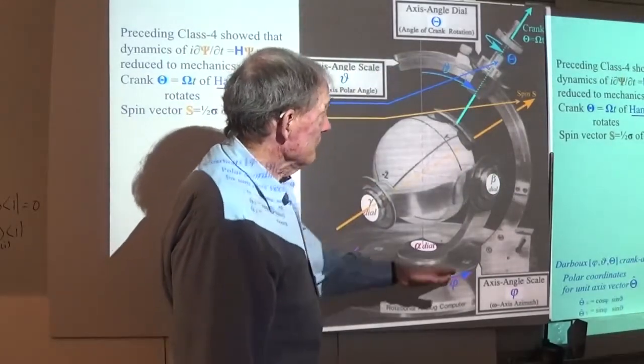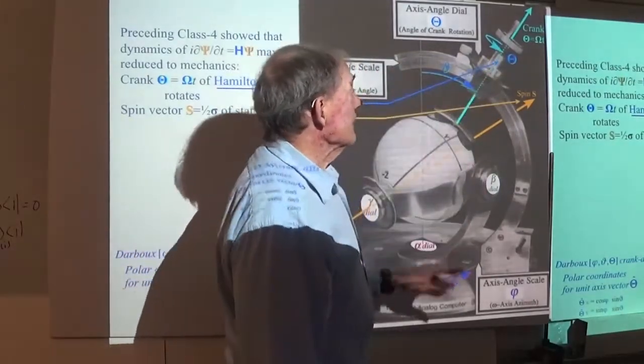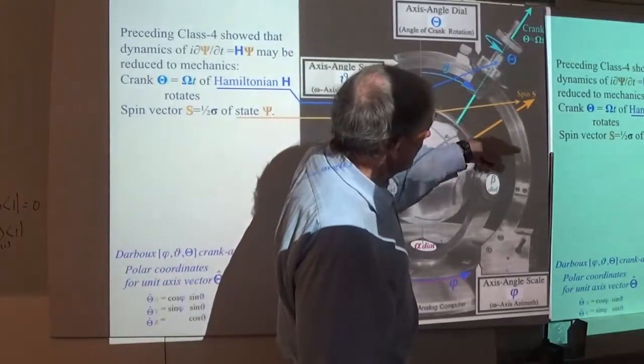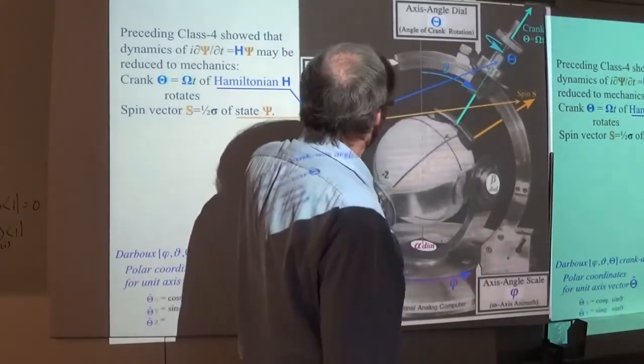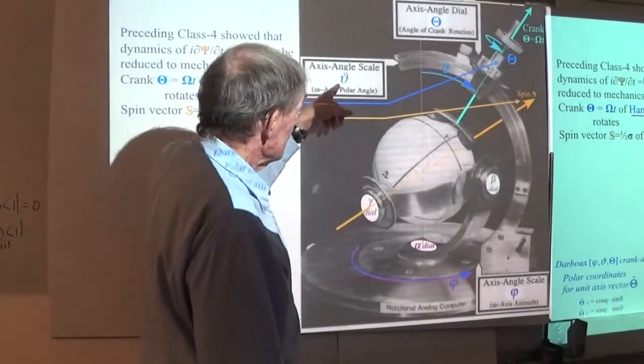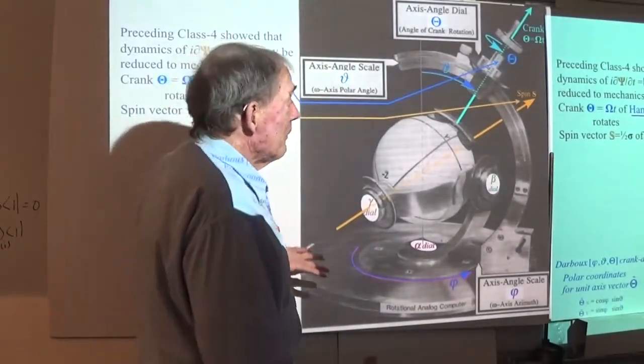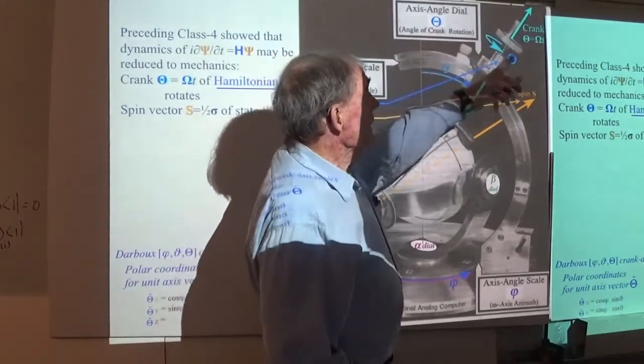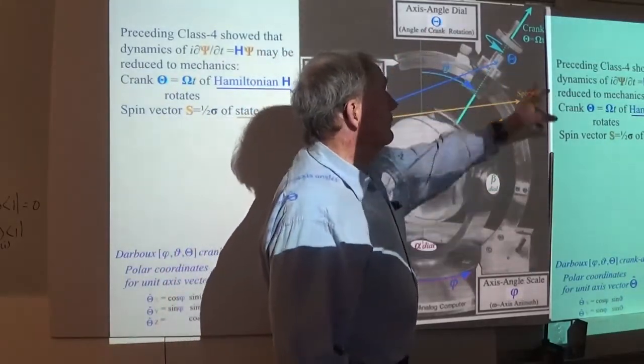So that's the azimuth of this crank vector, and then the elevation of that is measured off on this scale right here. So that's the italic theta, and then there's no r here, but there is how far you've turned the crank, and that's the thing that's going to be driven by time.